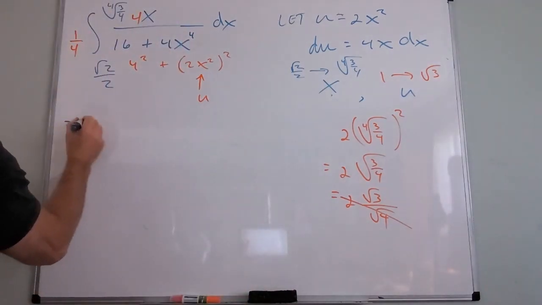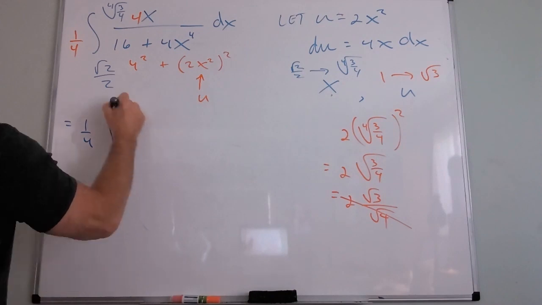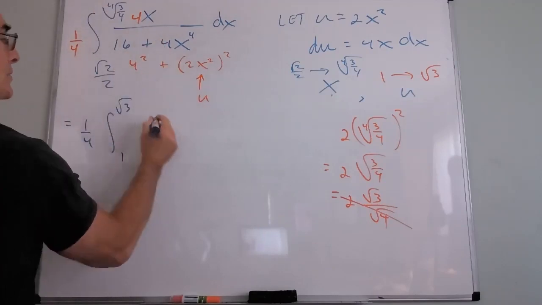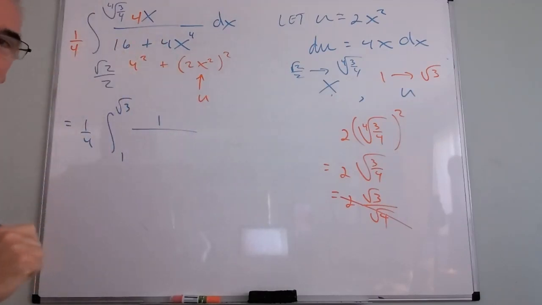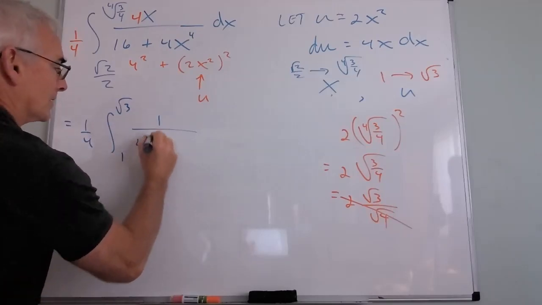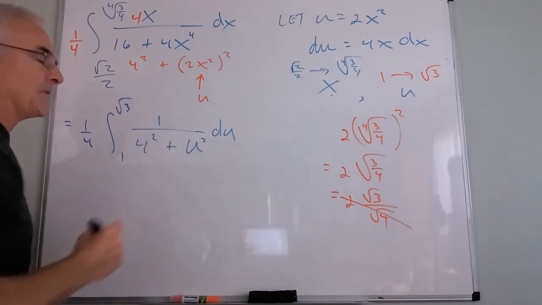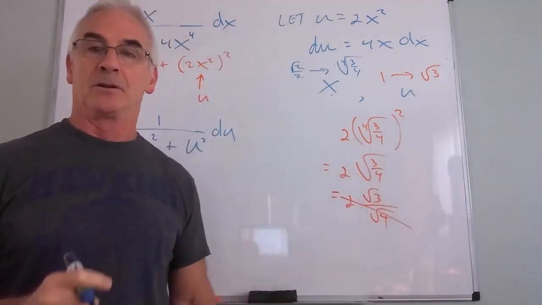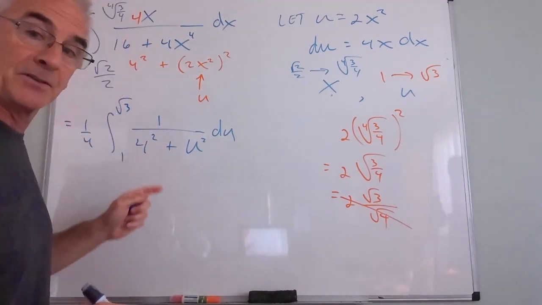So this now will become 1/4, the integral from 1 to √3. There's my du, so it's now 1 over, don't write 16, write 4 squared. Why? Because if I write 16, then mentally I'm going to work 16 into my answer. The answer doesn't have a 16 in it. The answer has a 4 in it because of the antiderivative.